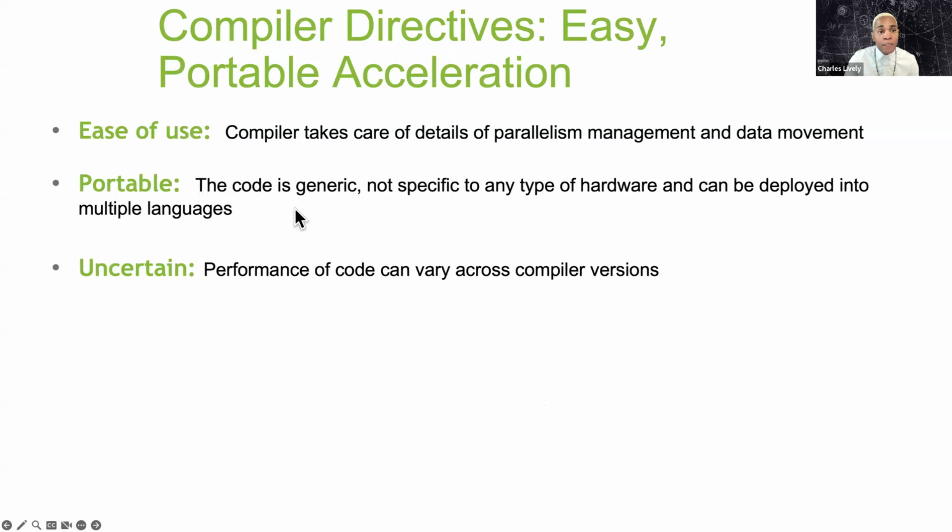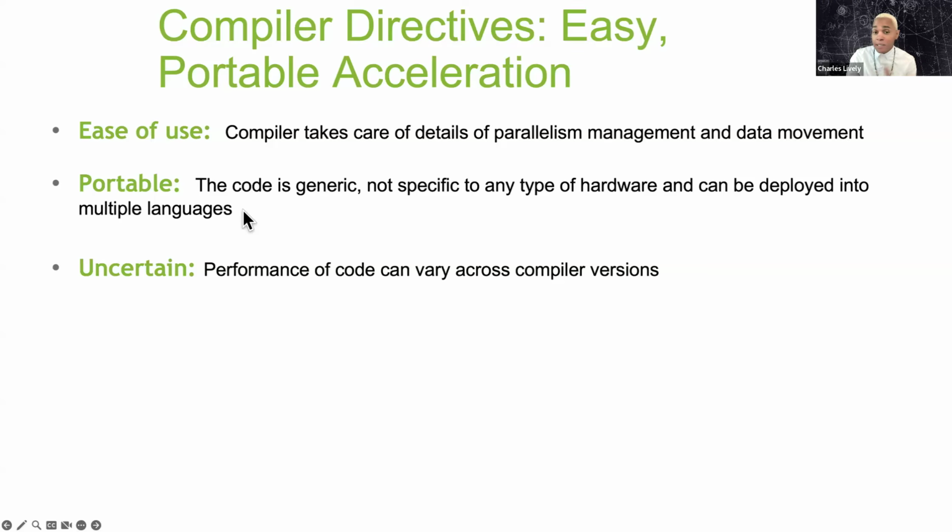And so another way that you also want to do that is making sure that you have things that are easily able to compile. So the compiler directives, you want those to be easy to use and of course portable. With ease of use, the approach is making sure that the compilers just take care of any parallelism and parallel data management that is needed, ensuring that it's portable.